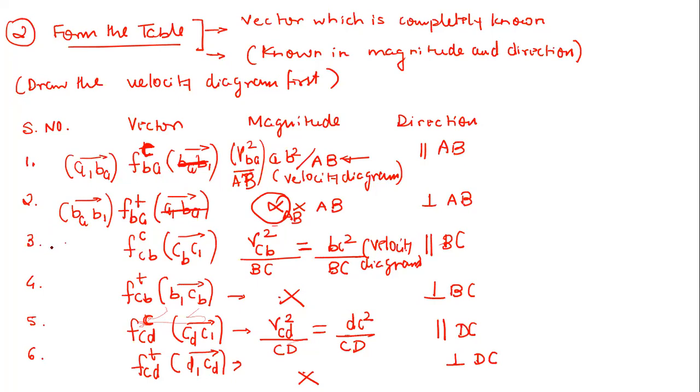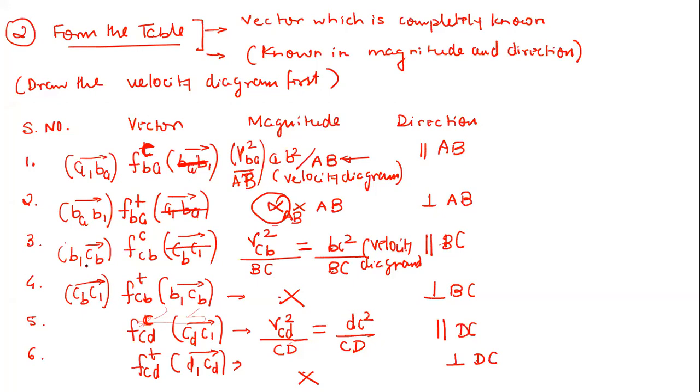Now let us go ahead. Here also, I think I made the same mistake. Here this will be the b1 cb vector, correct? And the tangential will be the cb c1 vector. So the tangential component will be denoted by the vector which contains the same letters, and only the superscripts change, right?